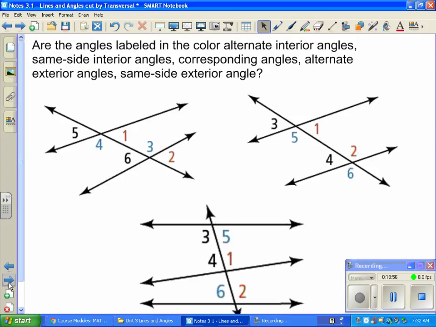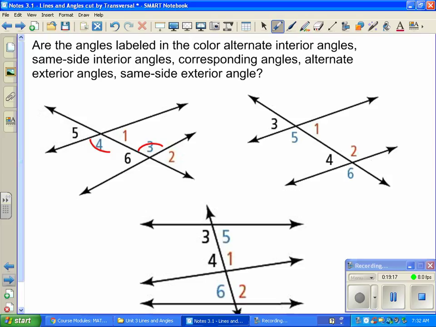So it says, are the angles labeled in the color alternate interior, same side interior, corresponding, alternate exterior, or same side exterior? So when you look at angles 4 and 3, they're both between the lines. They are alternating on different sides, so they're alternate interior angles.